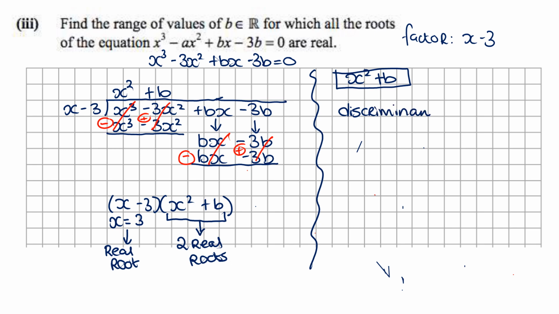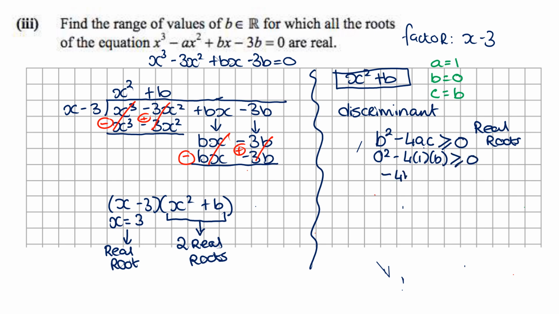Just a reminder, the discriminant is the part of the minus b formula, b squared minus 4ac, the bit under the square root. And we know that when that's greater than or equal to 0, we have real roots. So working with this quadratic, a is 1, b is 0, notice there's no x term, and c is actually b. So we end up with 0 squared minus 4 times 1 times b, greater than or equal to 0.